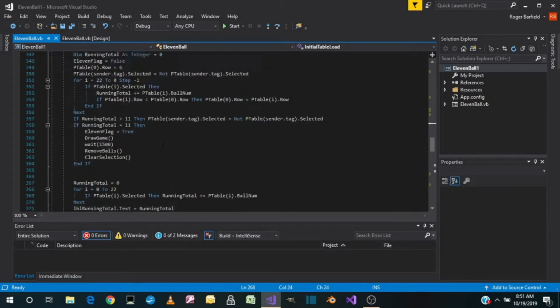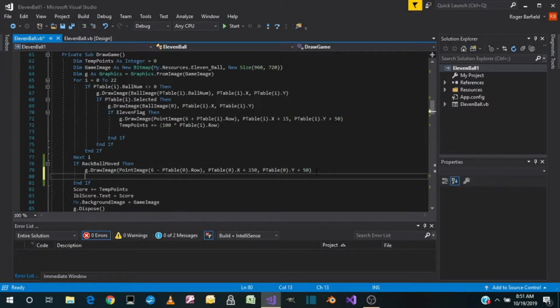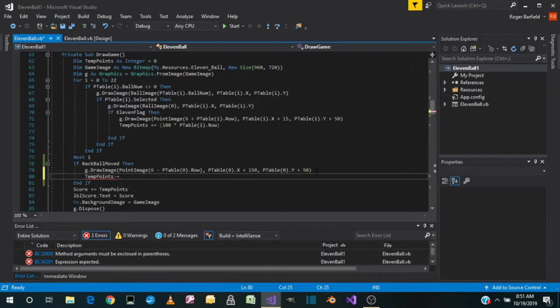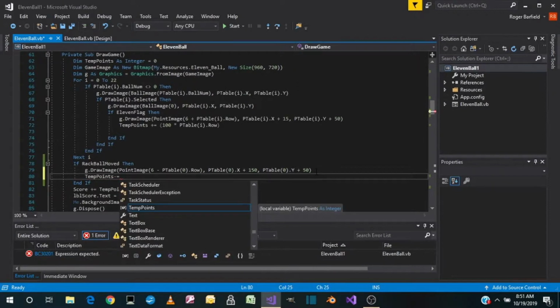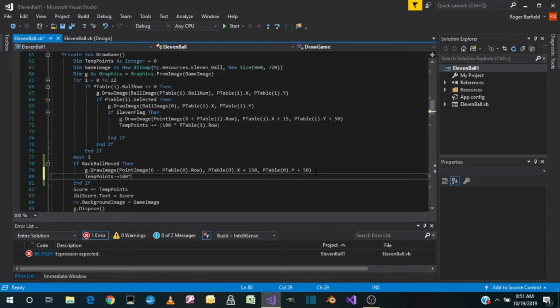So on the draw game, down in here on the flag check, we need to set our tip points minus equal 100 times the row.